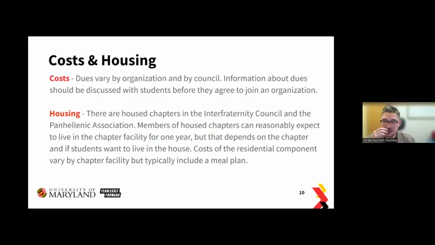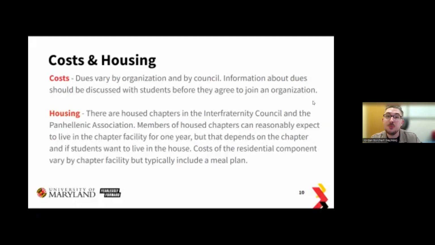I'll also share around cost and housing that these are really great questions your students should be asking when they're meeting with members of a fraternity or sorority, or going to an event, or if we have a meet event where all of our fraternities and sororities are going to be there. So do encourage them to ask those questions.